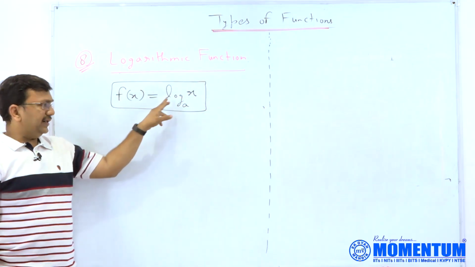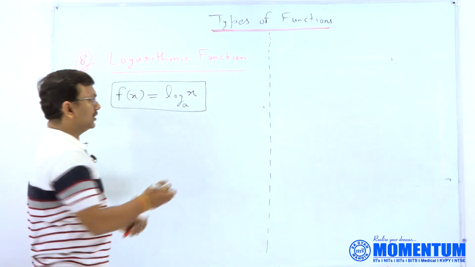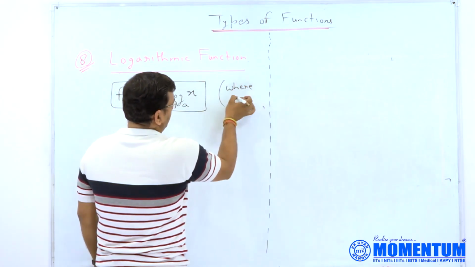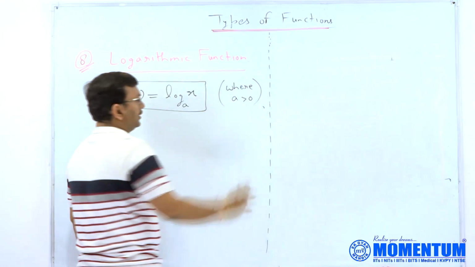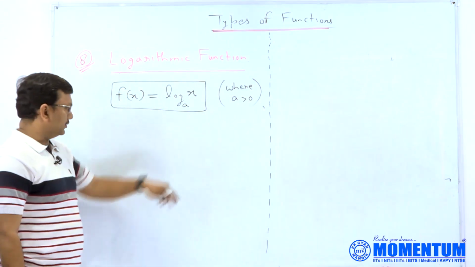So we read it as log of x to the base a. It is called our logarithmic function. Here a is clearly greater than 0.